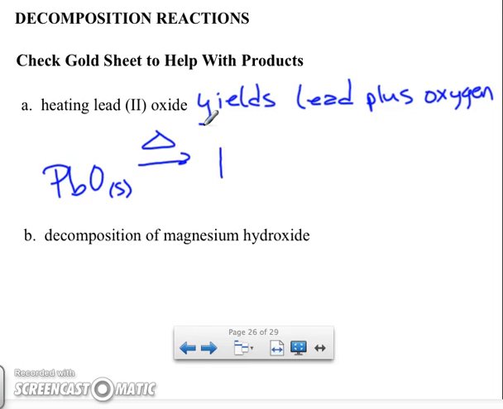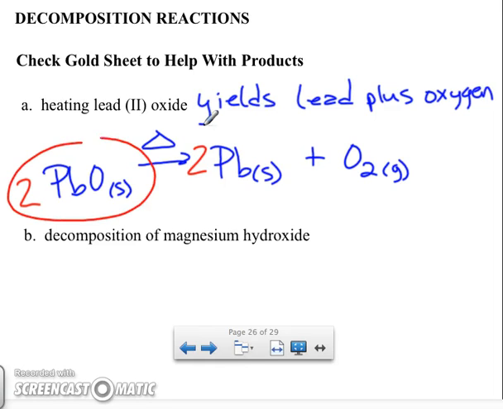And it yields the element lead, a metal, and a solid, plus oxygen gas, a diatomic. To balance the equation, we need to have 2 oxygens in the reactants, which also changes our lead. And there we're balanced. And again, we know that this is a decomposition reaction because there is only one reactant.